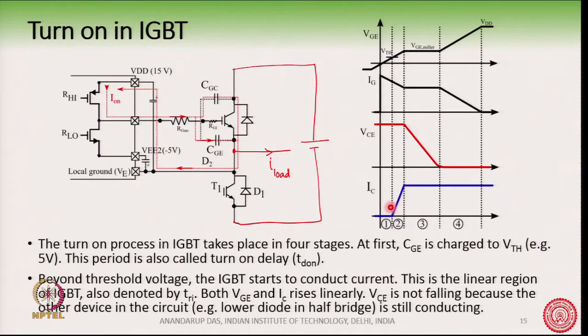Because both VGE as well as IC will rise linearly during stage 2. So, IC is rising linearly here, and VGE is also rising linearly. Actually, VGE rises with an RC time constant, but this time duration is very small.